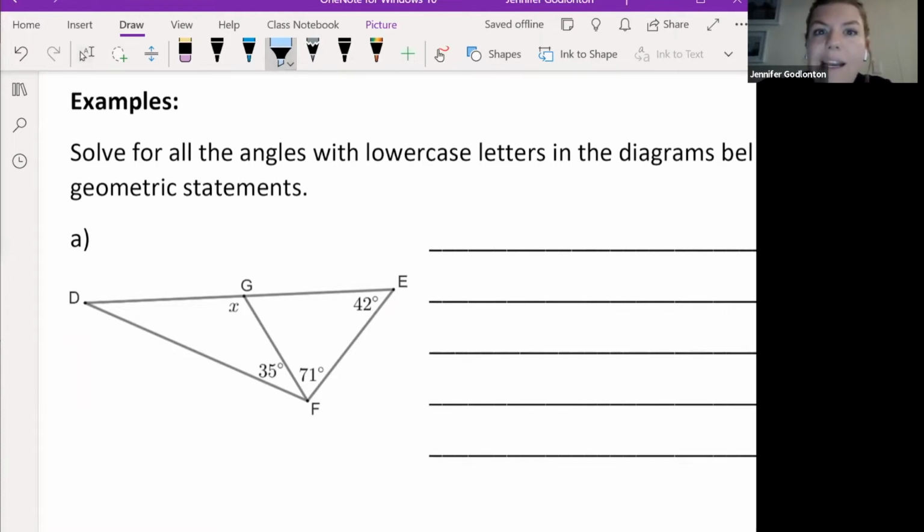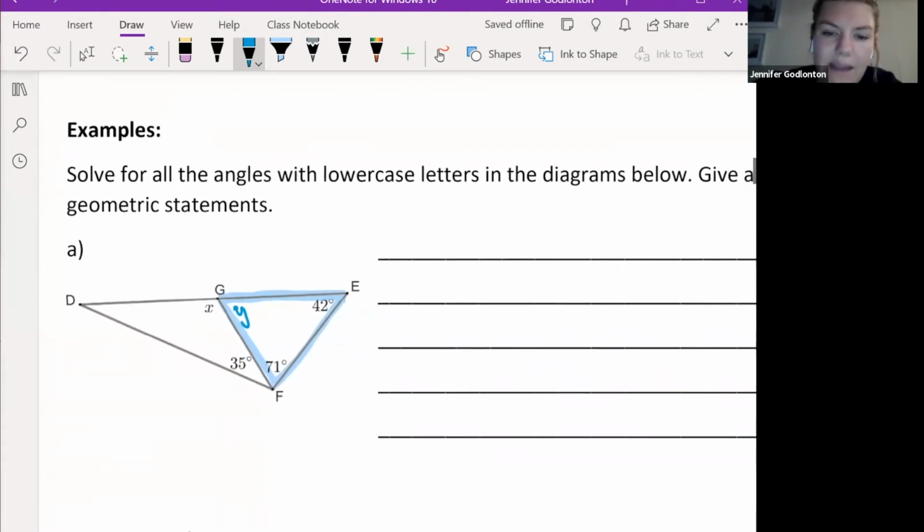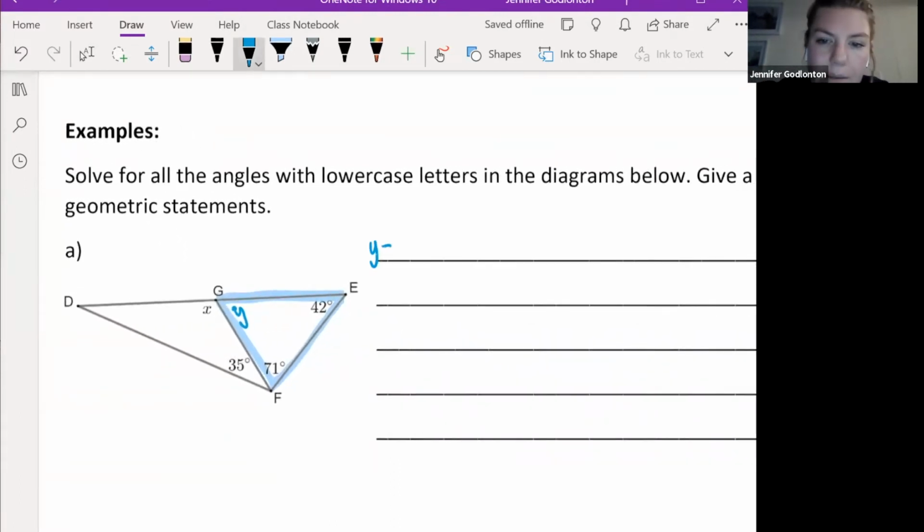All of you really like the sum of angles in a triangle rule. So find yourself a triangle. If I have a triangle, that means I can find this angle over here. Let's call that angle Y. So Y plus 71 plus 42 is equal to 180 because of sum of angles in a triangle.